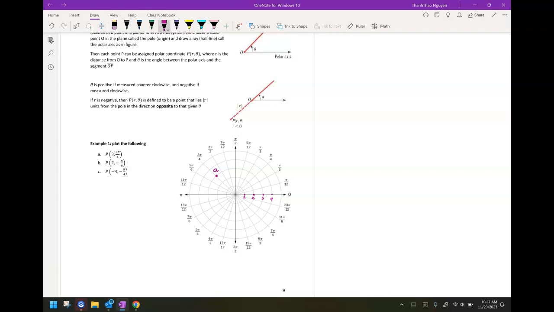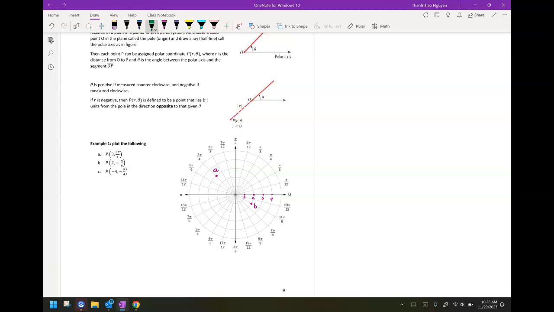Point B has the angle negative pi over 6, and the radius is positive, so that is 2. So this is point B. Point C is a little bit different. First of all, we will figure out where negative pi over 4 is.